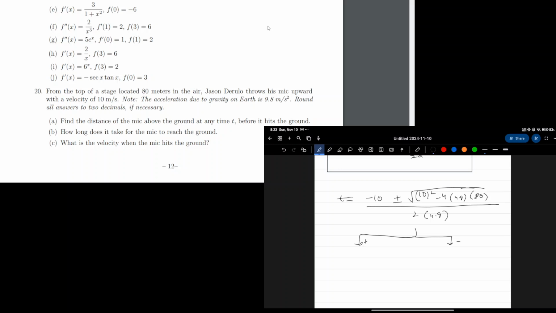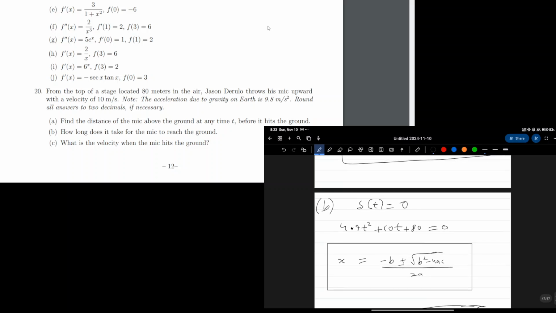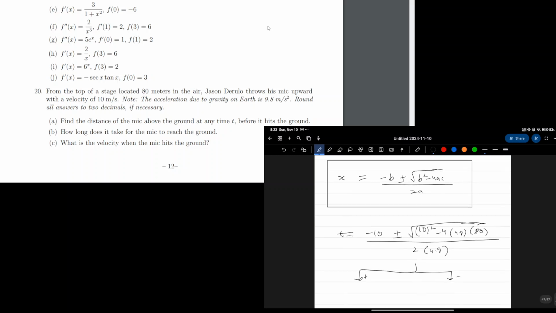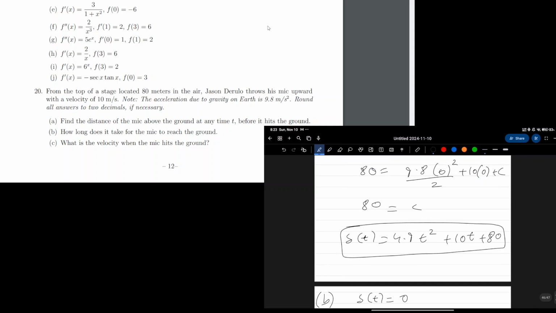Let's just find the b square minus 4ac first. 10 square minus 4 times 4.9 times 80. Yeah, that's a negative number. Doesn't make any sense. That's why it was throwing me off. It doesn't make any sense.